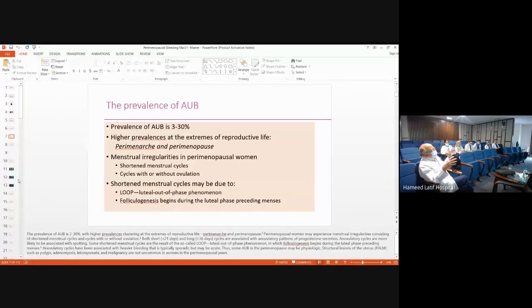What happens normally is that only one of them outstrips the others, and that develops, and the rest of them become atrophic. So this is something which happens normally.